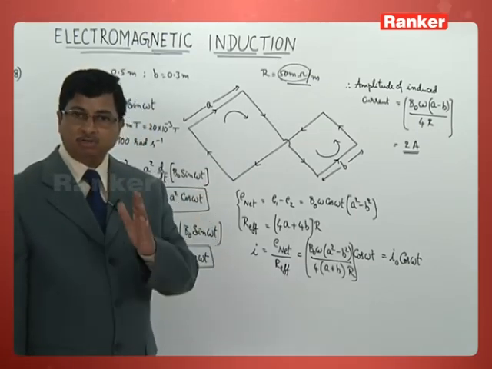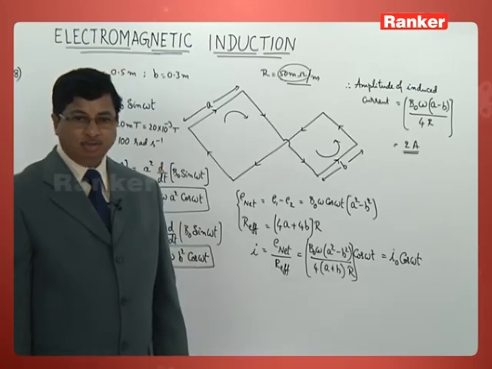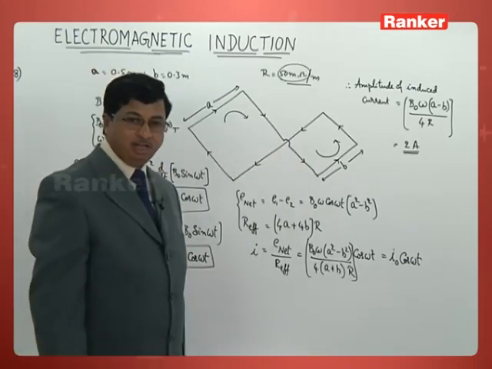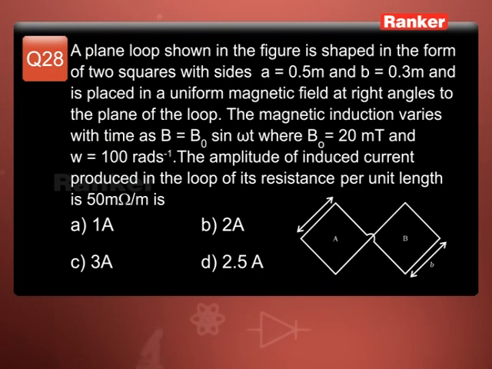Whatever you call it, the result is the same. Seeing the options, 1 ampere the first option, 2 ampere the second option, 3 ampere the third option, 2.5 ampere the fourth option, automatically the second option is going to be correct. So you can write the answer directly as B itself. That is the point.